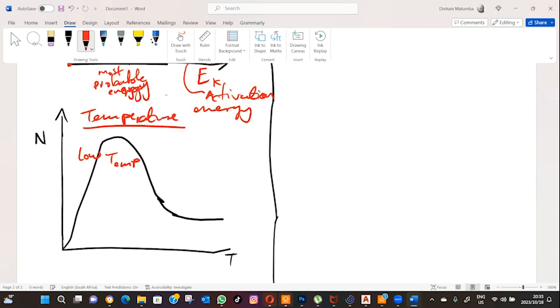If you increase the temperature, it means more molecules will have energy.